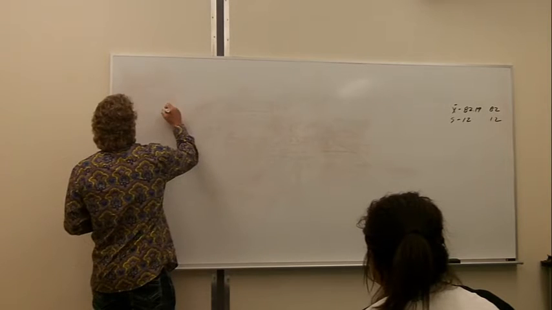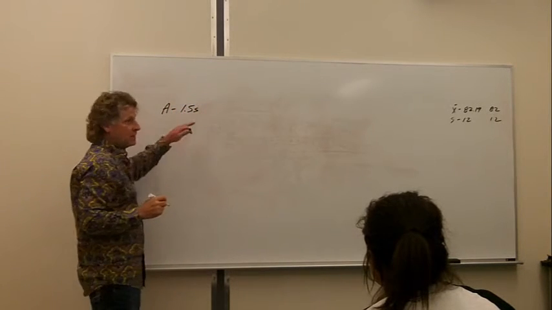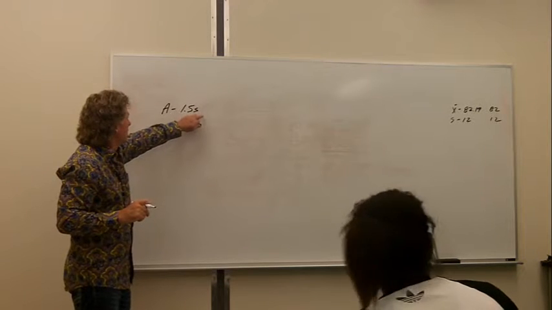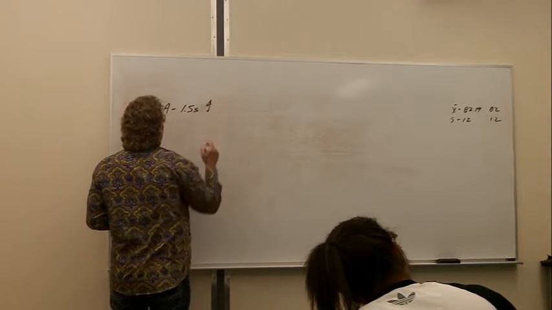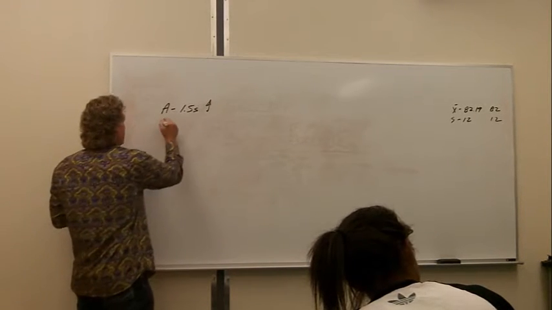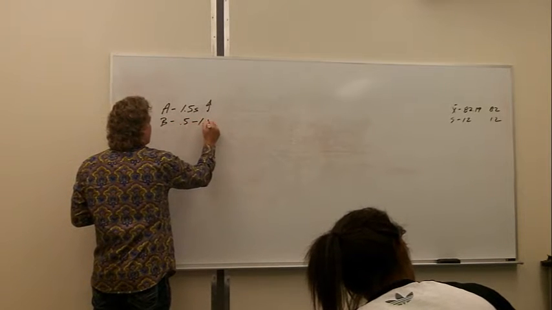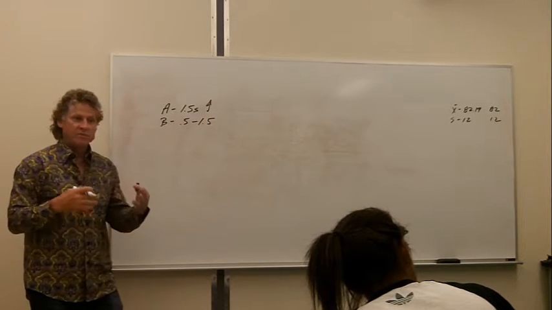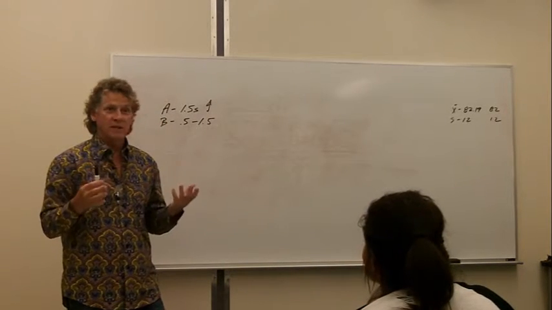An A equals 1.5 S. S designates or signifies standard deviation, just like normal, and above. I always have an arrow above. So 1.5 standard deviations and above. A B is 0.5 to 1.5 standard deviations. And we dealt with descriptive statistics, so we know how to calculate a z-score and how to do a standard deviation.